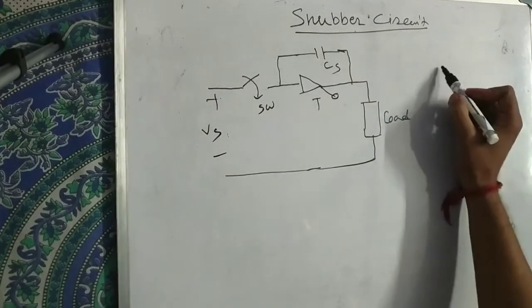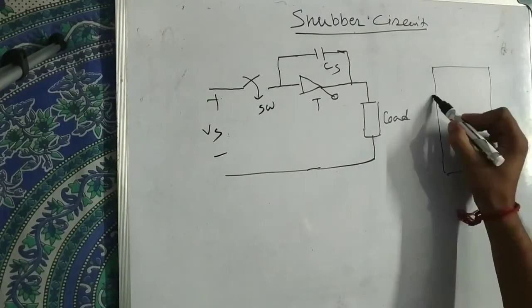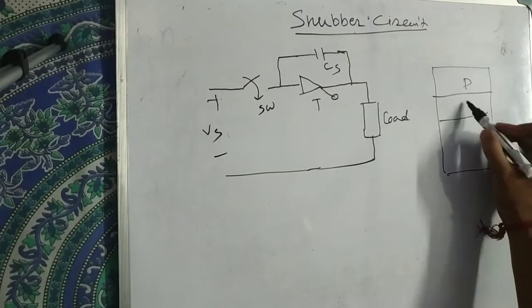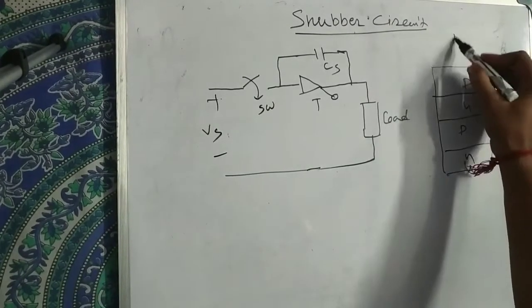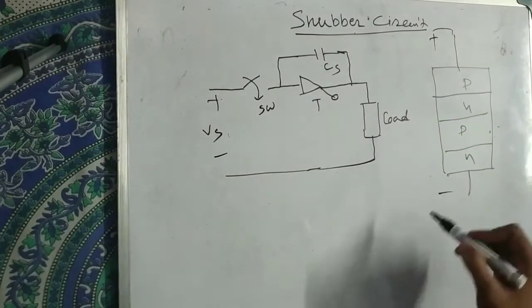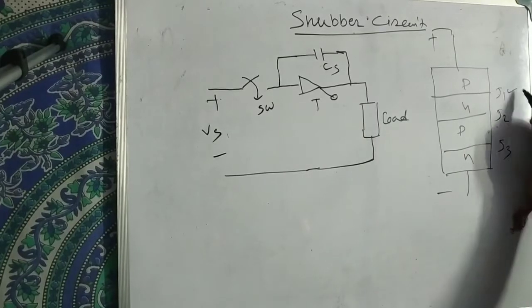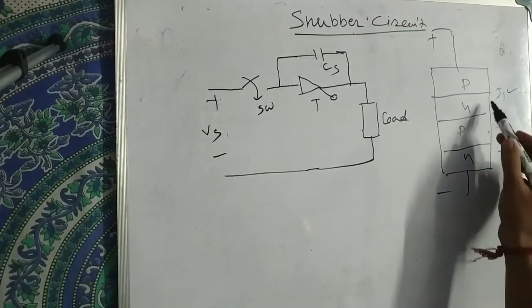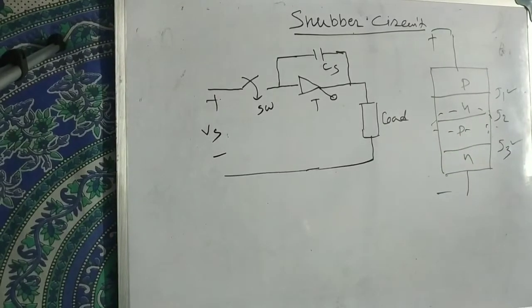We have already studied that the SCR has a forward blocking mode. This is a PNPN SCR. If a forward voltage, positive and negative, is applied, with junctions J1, J2, J3, then J1 and J3 junctions are forward biased, but the J2 junction is reverse biased.